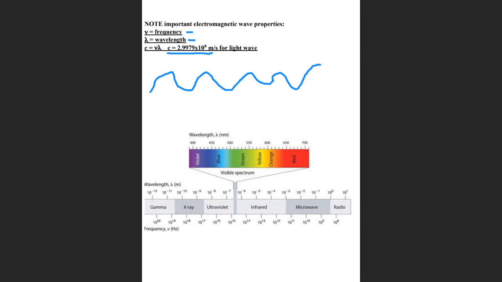Okay, I guess this will work clear enough. All right, so our wave is traveling this direction. You can tell because of the arrow. Every wave has a thing called a wavelength, lambda, which is the distance between two peaks.